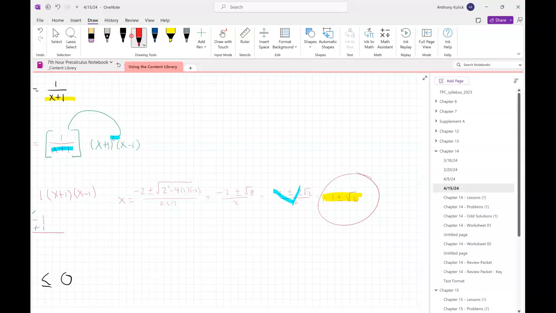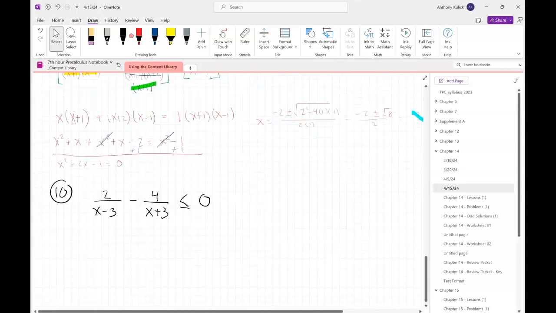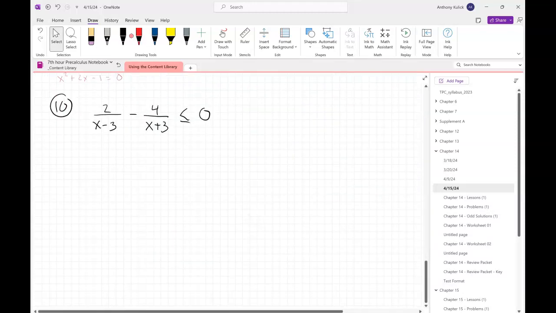Last example. Inequality. To solve a rational inequality, I'm interested in two things.